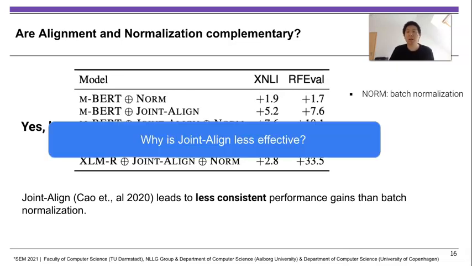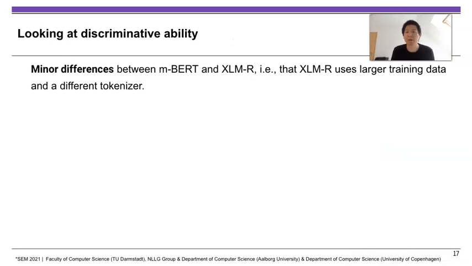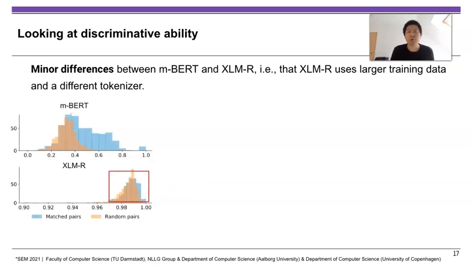We might wonder why this is the case. Since the differences between the two encoders are pretty small, we suggest looking at the discriminative abilities of the encoders. To do so, we show histograms of cosine similarity between word translations and between random word pairs.